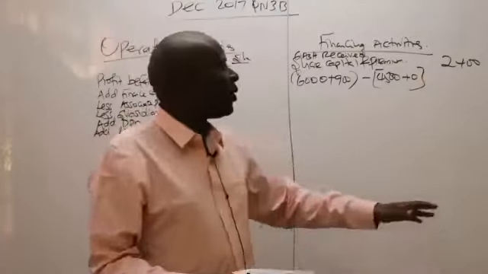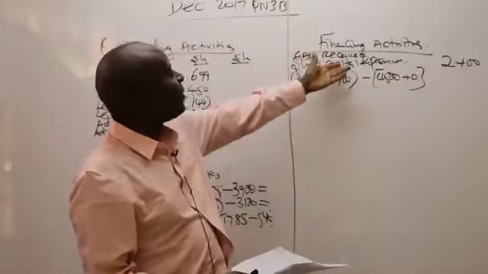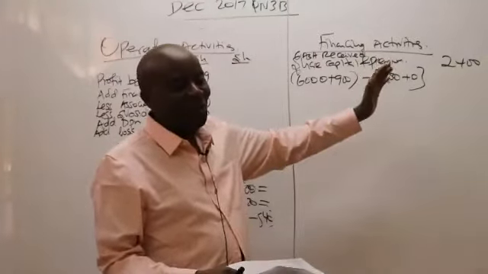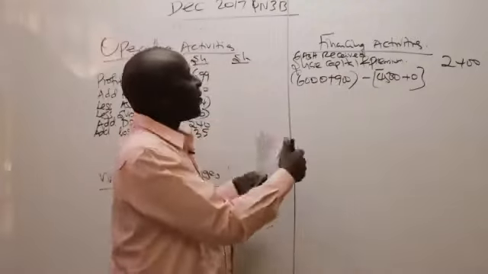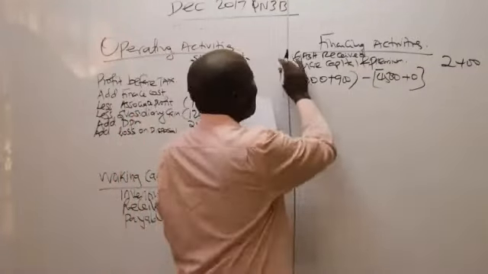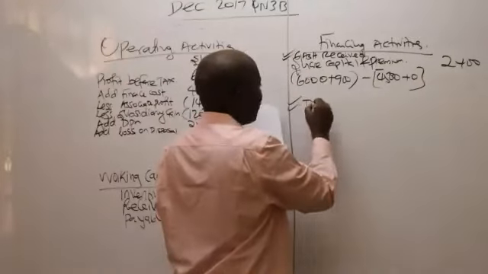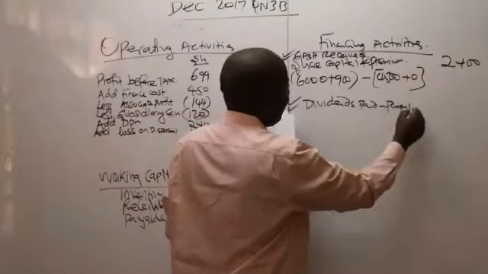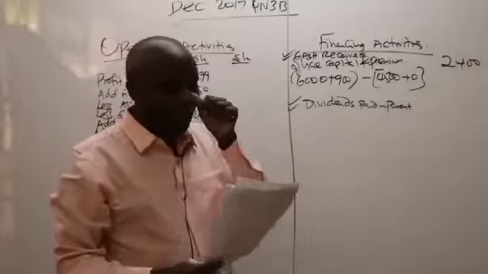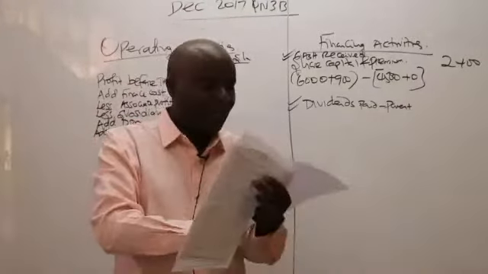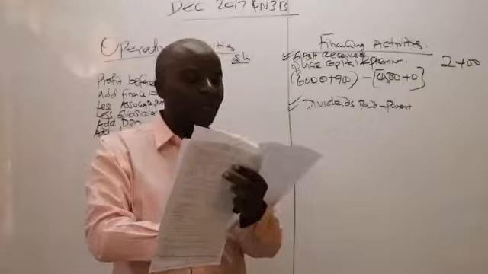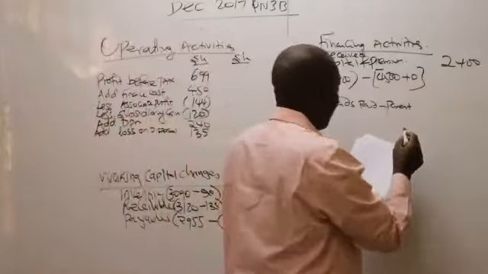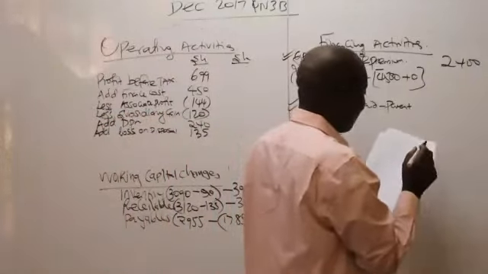Even if it is negative, there is no problem. You just put it even as negative. Leave those narrations. In the narration the examiner will not even look. Even if you just write share capital and premium. Leave too many words. Now write financing for me here. So you have said dividends paid, these people financed you, so dividends paid. Are you able to see the parent? How much did they pay? The dividends that we paid to the parent shareholders, which note number is it? Note number 5. They say dividends paid by the holding company during the year.